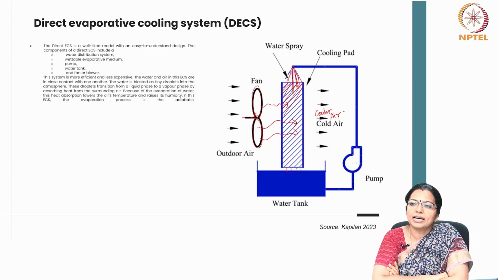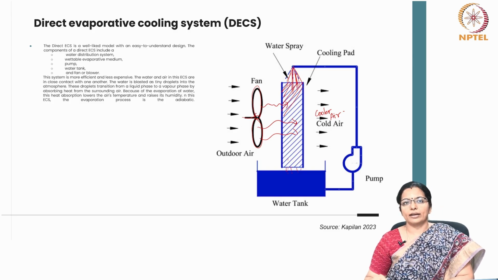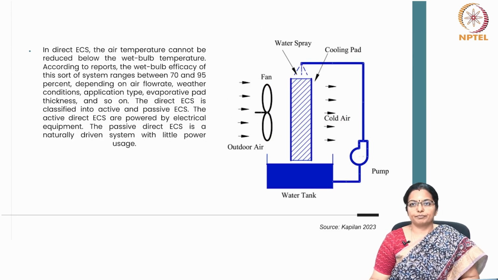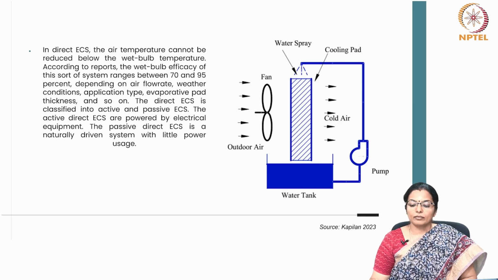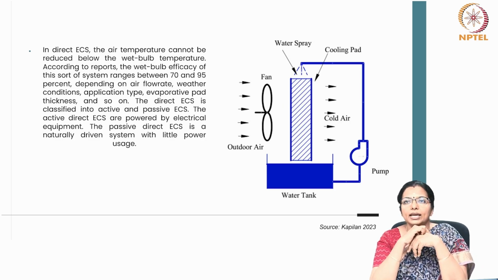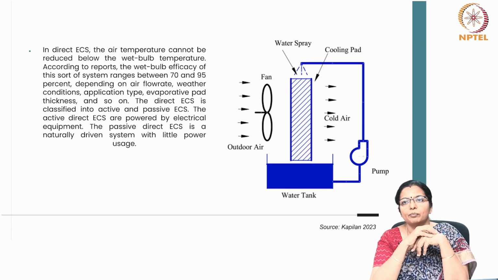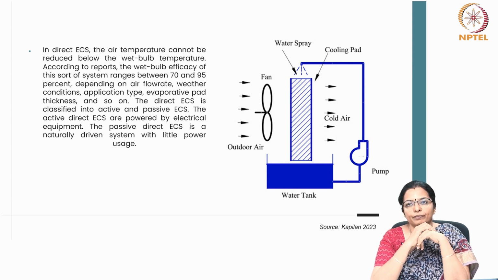In a damp climate, the relative humidity may exceed 80%, which is not good for a building since it may cause rusting of metallic components composed of iron. Now, in direct ECS, the air temperature cannot be reduced below the wet bulb temperature.